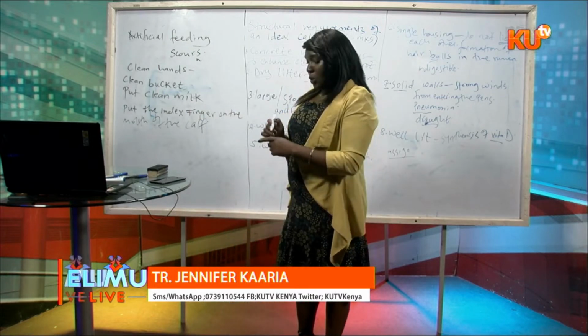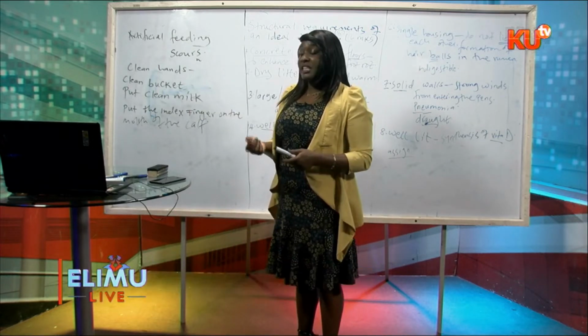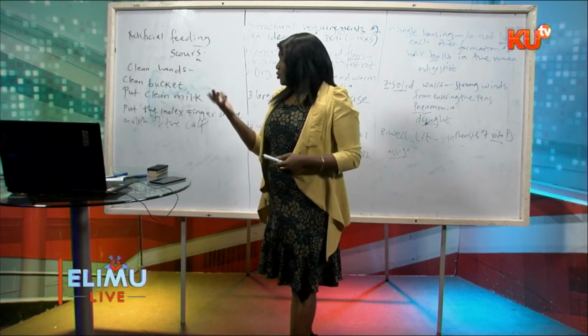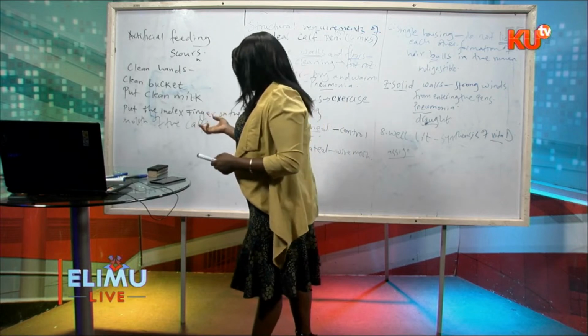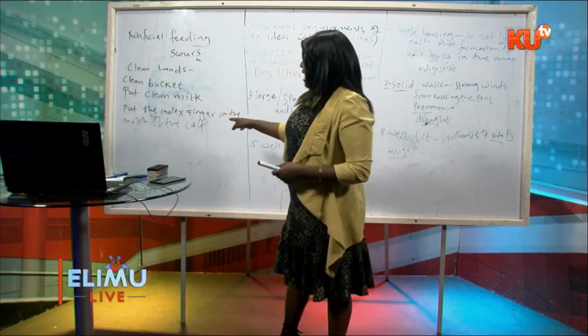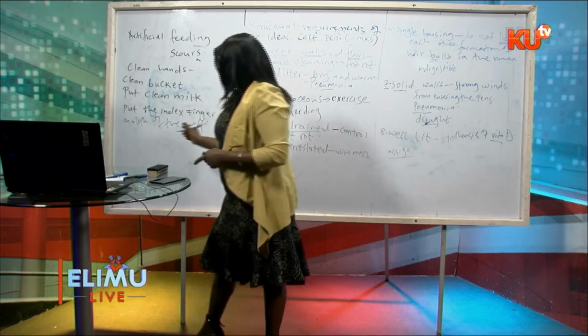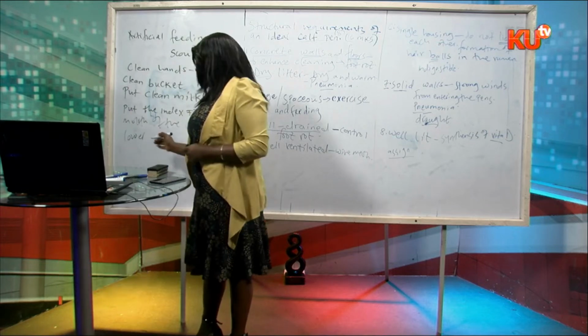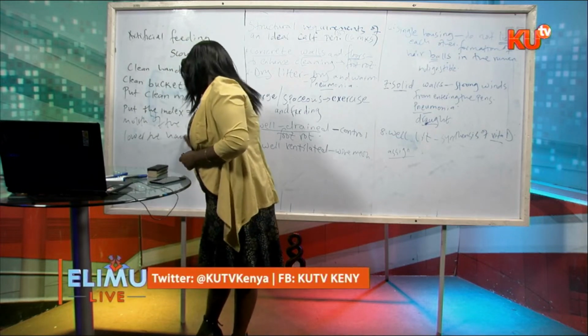Because young animals, including children, have a tendency to really want to suckle, they want to eat the fingers and the hands of human beings. So you entice it with your finger that is clean, and then you lower the hand, because the finger is already in the mouth. You lower the hand into the milk.